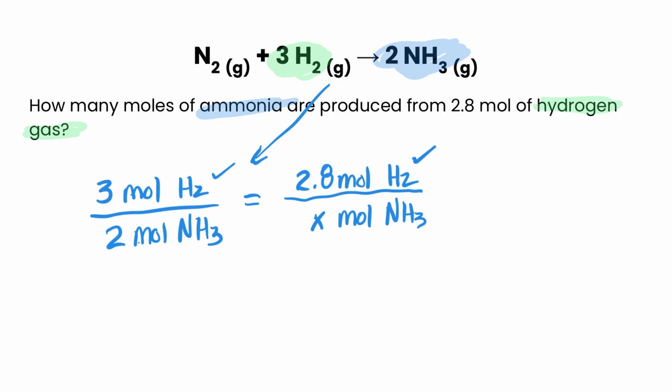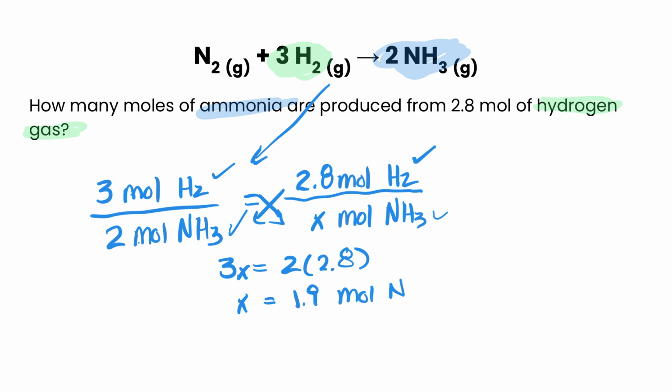It's okay as long as you're being consistent and making sure if ammonia is on the bottom here, then ammonia is on the bottom on the other side too, and vice versa. So solving here, we're going to cross multiply, so we get 3x, and then we get 2 times 2.8, or x, if we divide both sides by 3, gives us 1.9, and that's moles of ammonia.